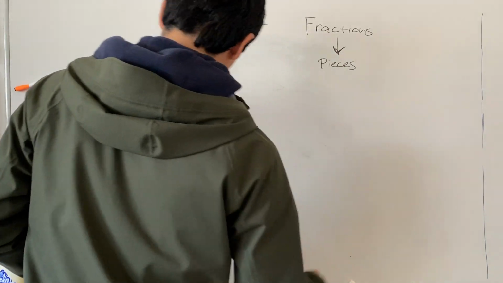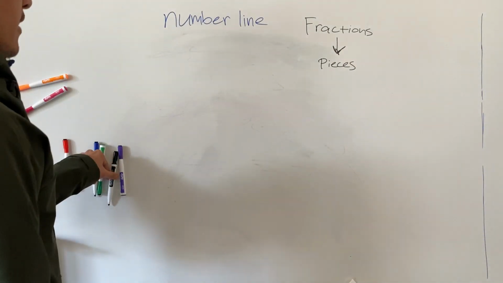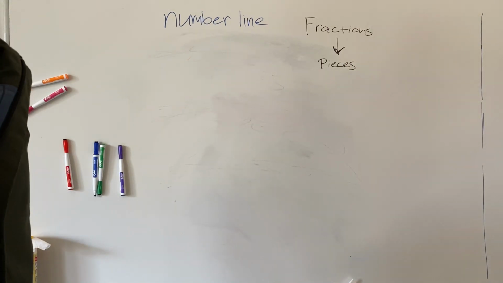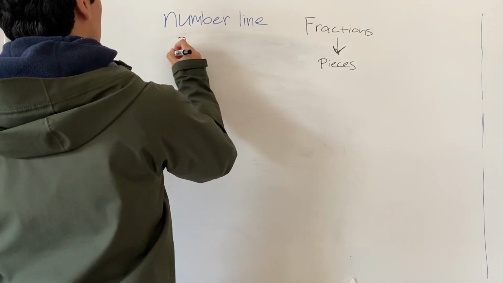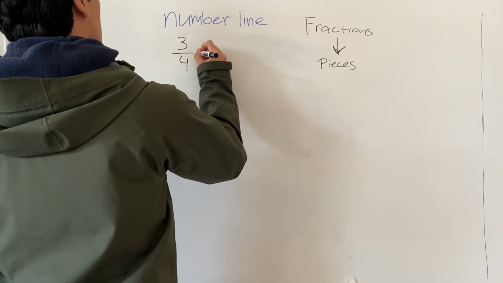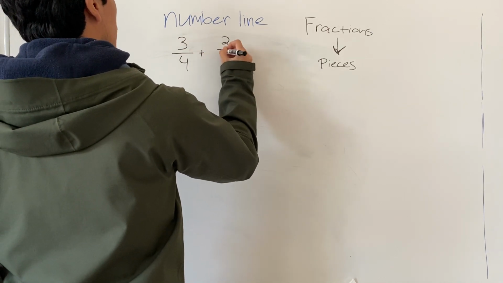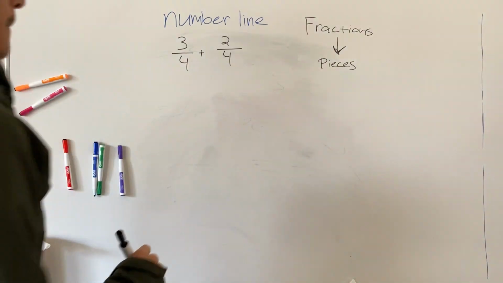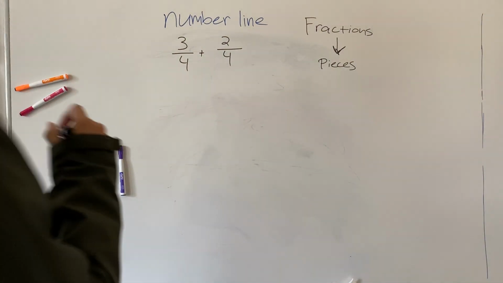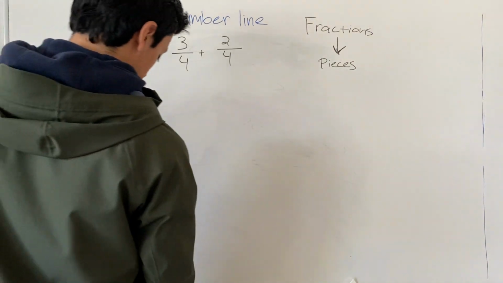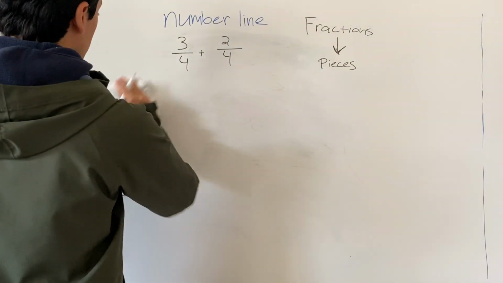All right. Let's say I have 3 over 4 plus 2 over 4. Okay. And I know some of you are trying to solve this mentally already. Well, let's take a step back and let's solve this with a number line.